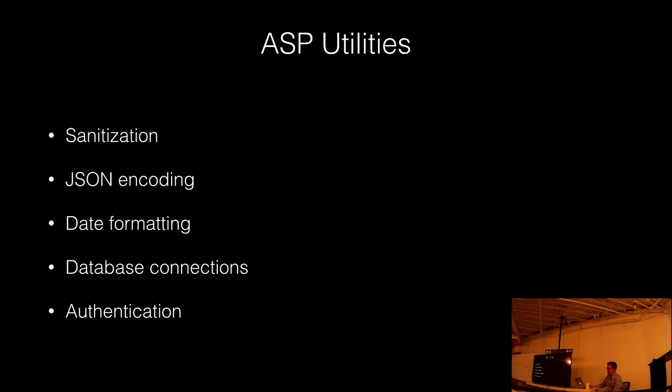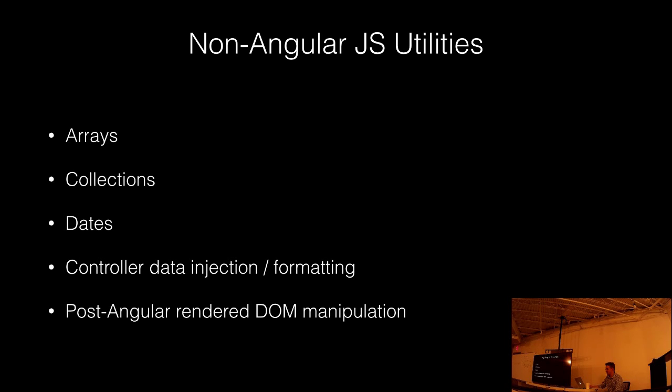In ASP, and this is probably common to what you would do in any language, basically data sanitization. So when you ship stuff over to the server with invalid characters and stuff like that, before you store it in the database, JSON encoding, date formatting, managing database connections, and authentication.